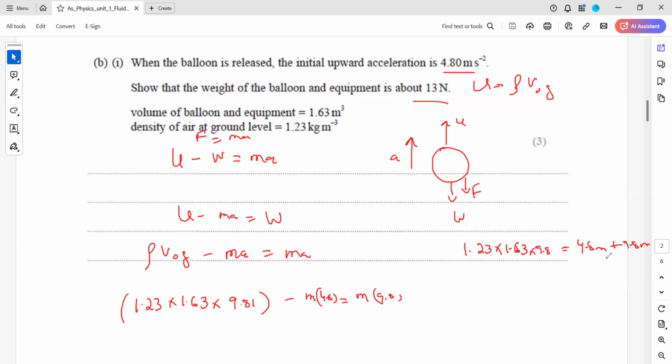When we simplify, first we add 4.8 plus 9.8, which is 14.6.